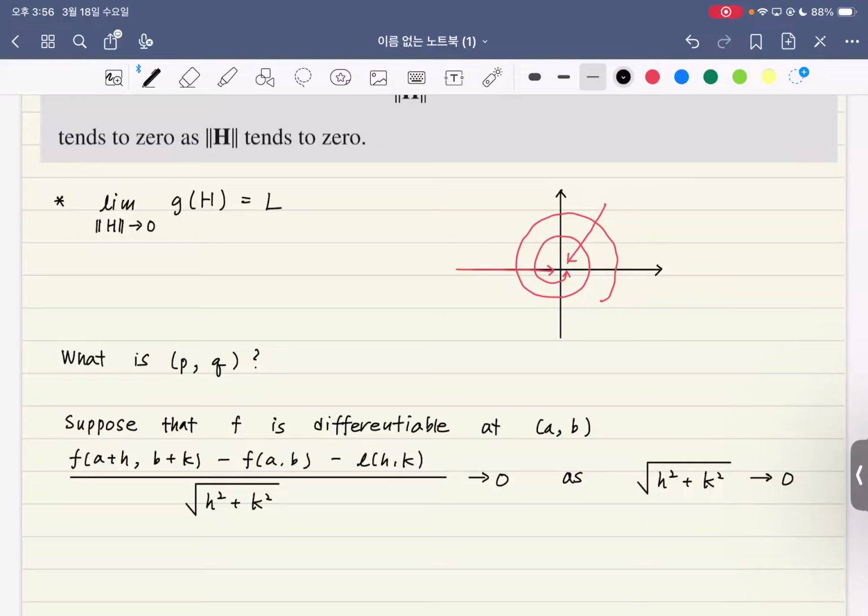Oh, hold on. I changed my mind. I want to replace L by ph plus qk.